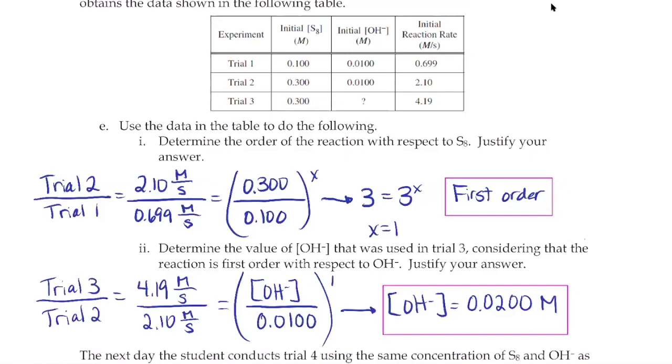I used trials 2 and 3 because the sulfur was held constant there, so any changes in the rate are due to the hydroxide only. Now this one is a little bit different. We know the order because it told us first order with respect to hydroxide, so we know the exponent. We just don't know the concentration of hydroxide in trial number 3.